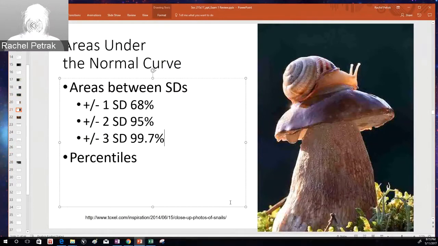We never can know exactly how many standard deviations it takes to get 100% of the data in a theoretical sense, because a theoretical normal curve doesn't ever end. We don't know where the tails finally converge at the base.